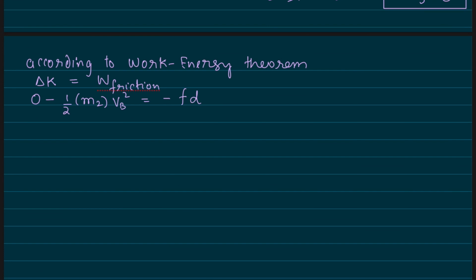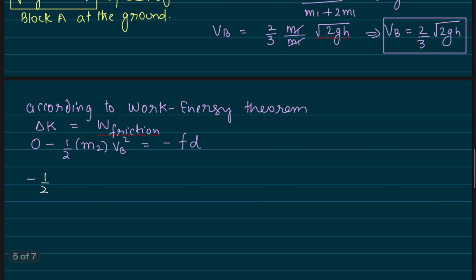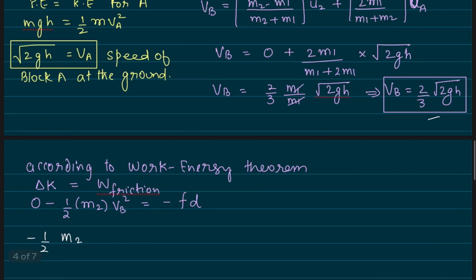Let's solve this. So it is negative 1 by 2 m2. You can get the value of m2. So m2 as it is, v2 is 2 by 3 square root of 2gh. So when you square, you will get 4 by 9 multiplied by 2gh is equal to negative friction.